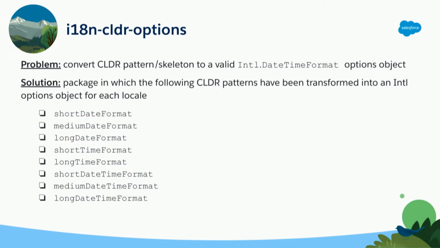So again, we repackage, and we parse the formats and convert them to the Int'l options object. And we expose those common formats as objects, like short datetime format, short date format, and so on.